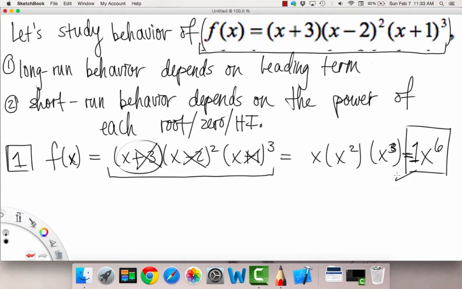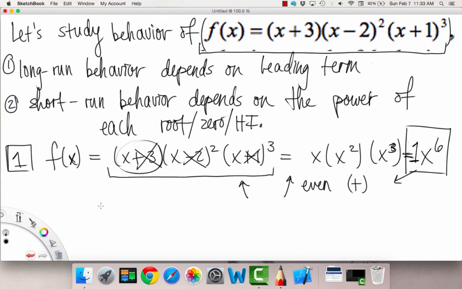So this is an even power, right? 6 is even, and it's positive. That means that on both sides, in the long run, our graph will be traveling up to infinity, as x goes to negative infinity and as x goes to positive infinity. In the long run, our graph is going to look like that.